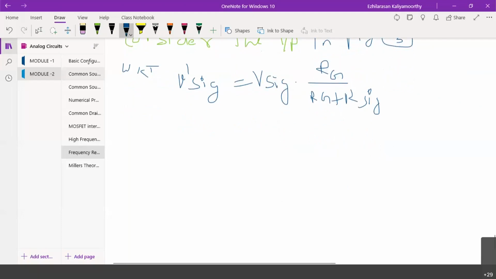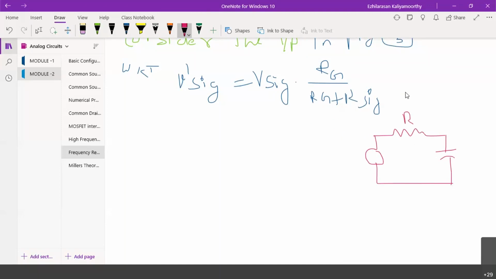So now what we will do? Let us take the figure here. So let me take the diagram. This is the figure. This is your input capacitance.